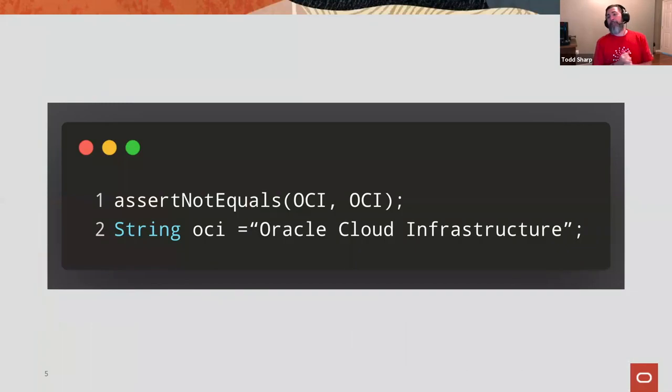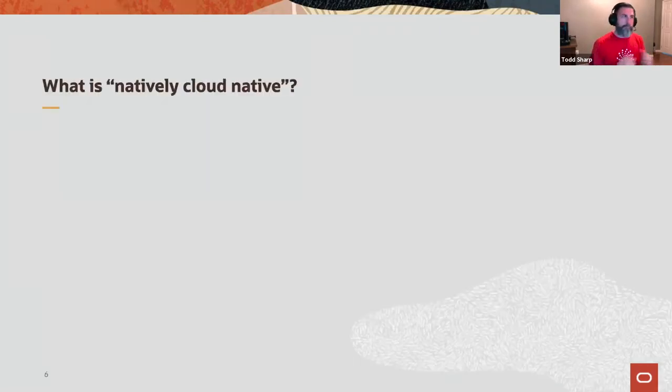It's kind of an unfortunate coincidence that it also stands for Object Computing Inc., who is the company behind Micronaut and Groovy and Grails. But when I talk about it, I'm talking about Oracle Cloud Infrastructure. So I'll try to be specific, but if you do hear me say OCI, 99% of the time I'm referring to Oracle Cloud Infrastructure.